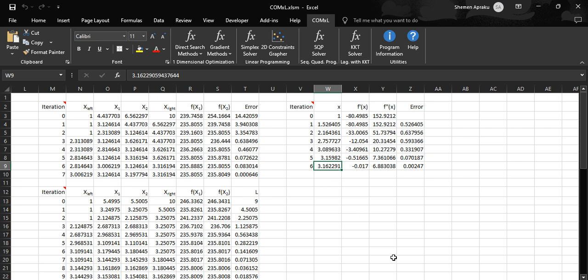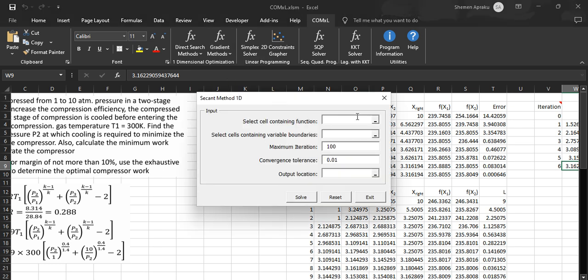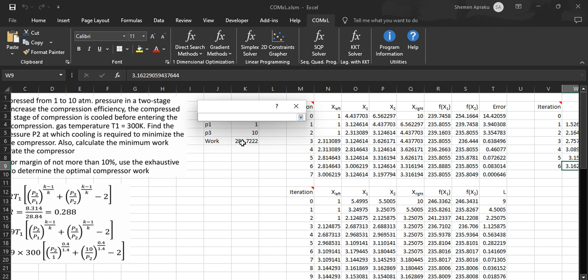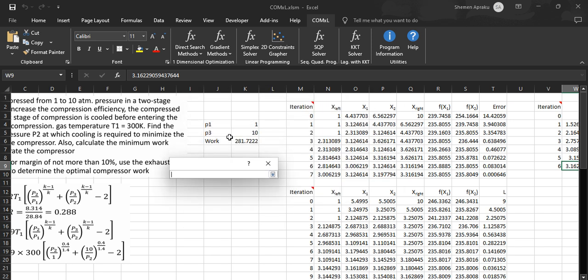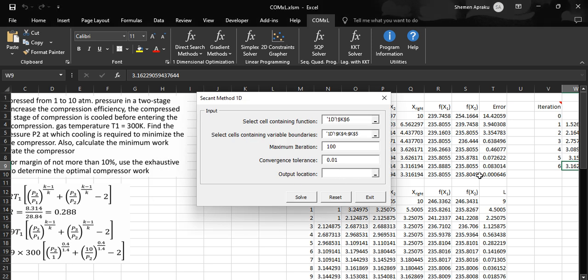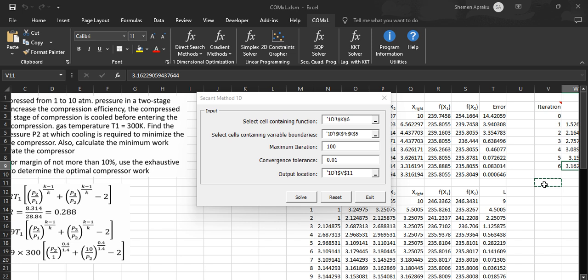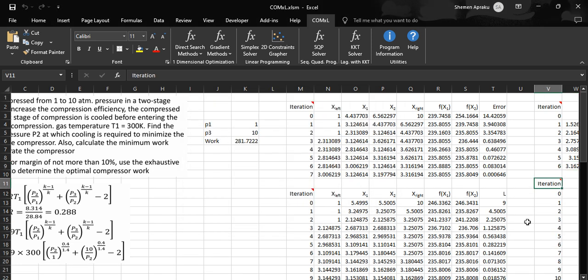That means that 1 is the initial point of iteration. So the output location, let's select here. The Newton-Raphson method after 6 iterations gives us the value of the pressure, that is P2, to be 0.162291. So we use this value to find the work done.